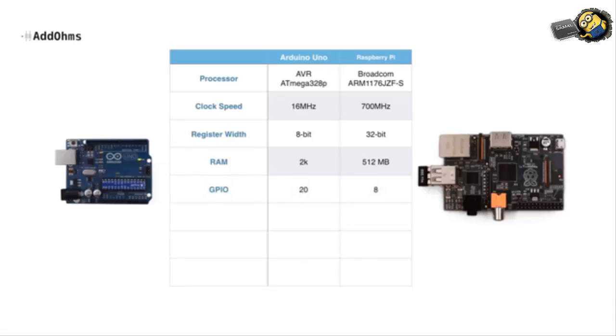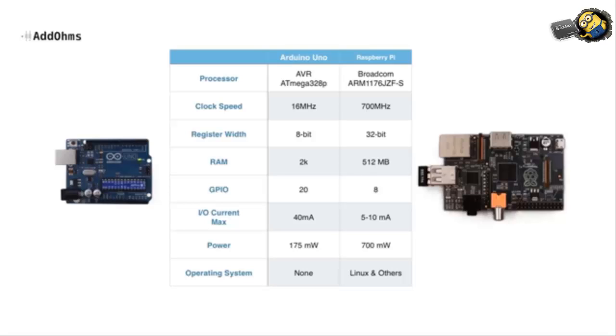Both have general purpose I/O, or GPIO, but the Arduino can drive or sink up to 40 milliamps, while the Pi is really limited to more around 5 milliamps. In terms of power consumption, the Pi consumes more power than the Arduino, but always keep in mind what the project is going to have and what other hardware is going to be included. Lastly, remember that the Pi usually runs some form of Linux, while the Arduino has no operating system.